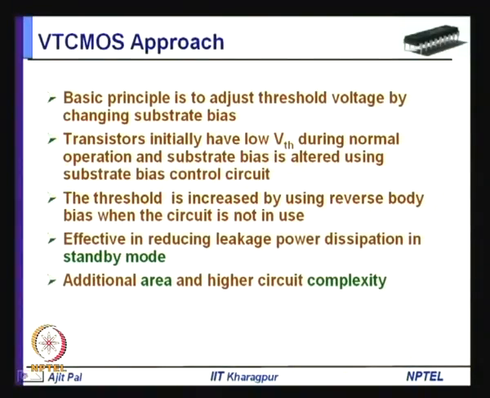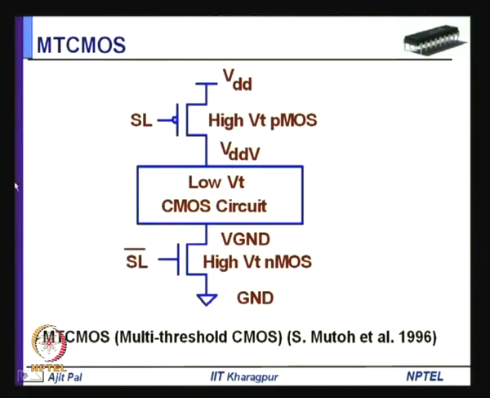Okay. Let us now switch to another technique, that is your MTCMOS. In this MTCMOS technique, you have low VT CMOS circuits present here, and we are adding two additional transistors known as sleep transistors.